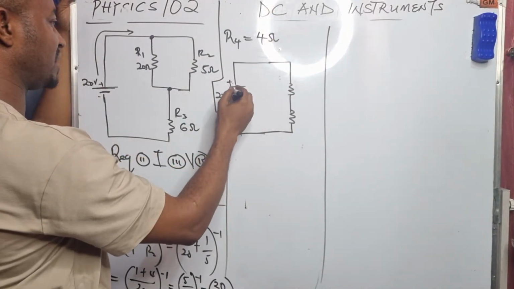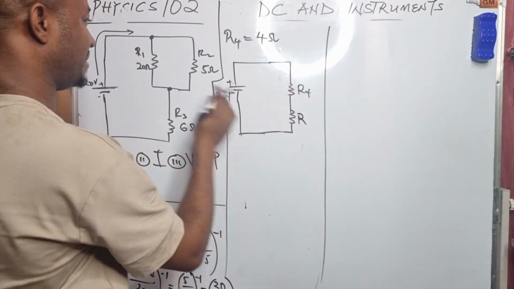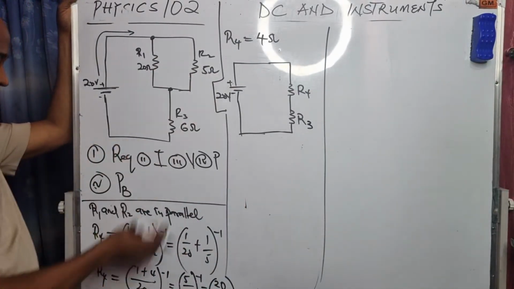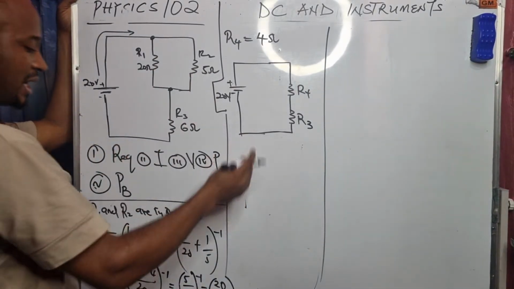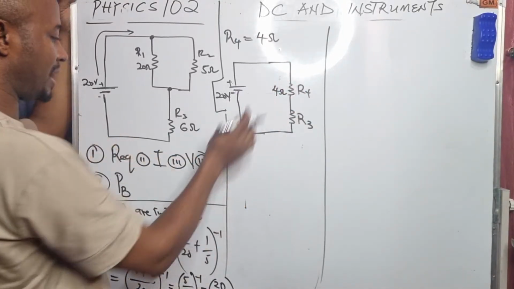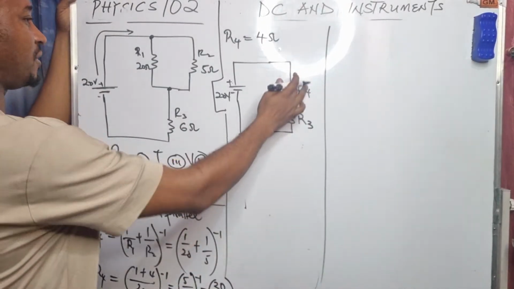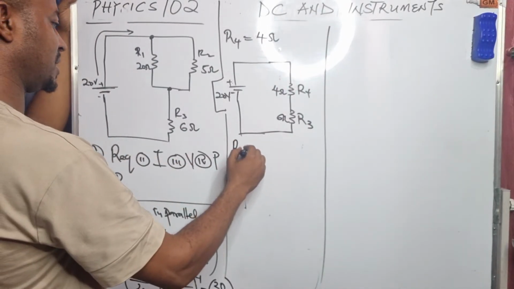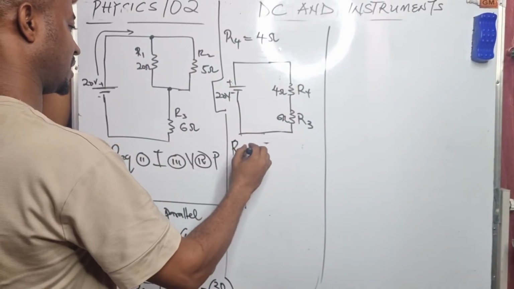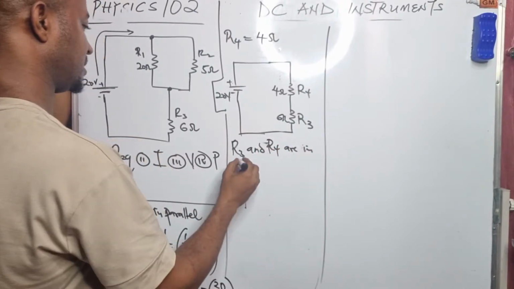After combining this, we have this. So I have my plus, I have my minus. Here we have R4, here we maintain R3. We combined these two to form R4. So our R4 is 4 ohms, our R3 is 6 ohms. So R3 and R4 are in series.